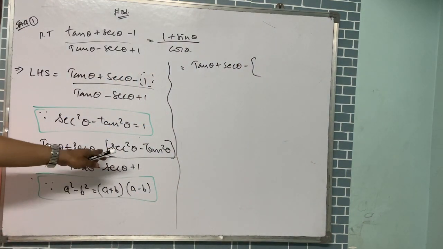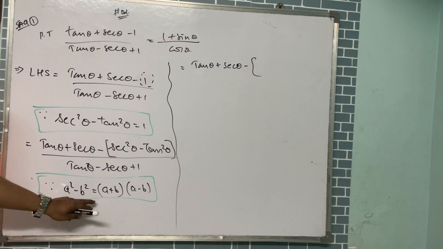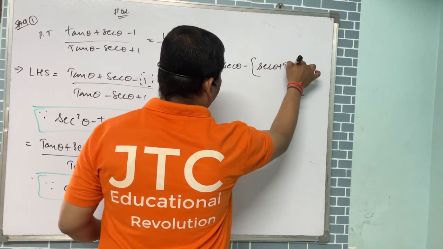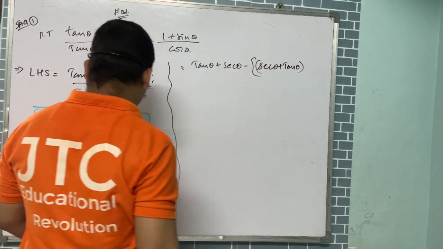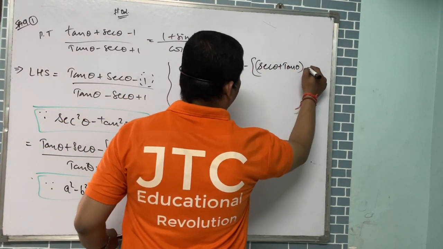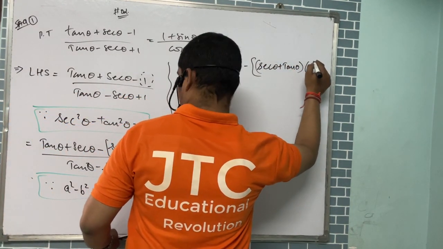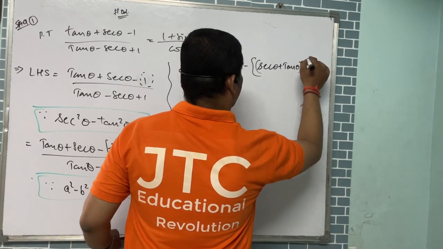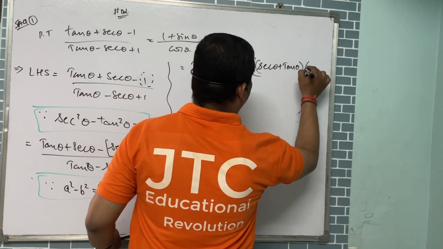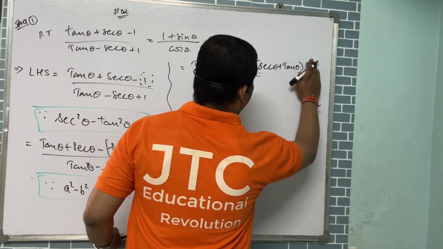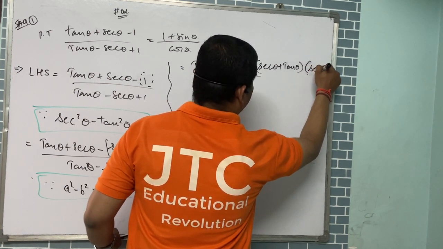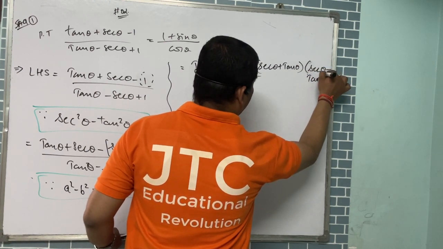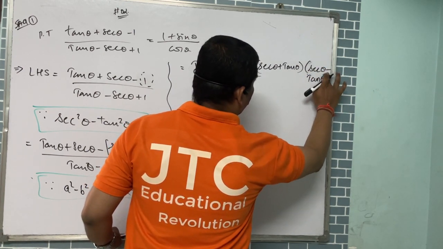This secant square theta minus tan square theta in this form: a plus b, so secant theta plus tan theta, a minus b, so secant theta minus tan theta.